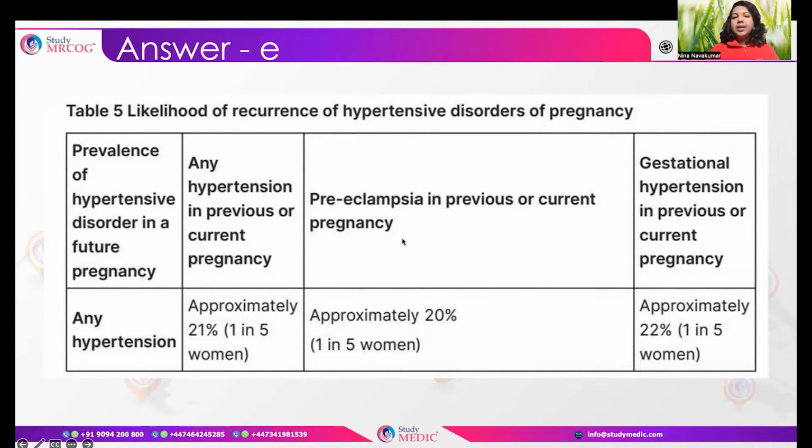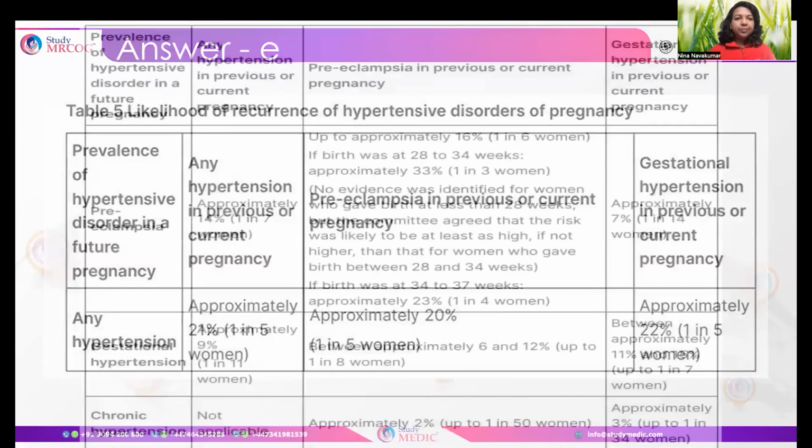If there is preeclampsia in the previous or current pregnancy, the risk of recurrence is about 20%, roughly 1 in 5 women. If it is gestational hypertension in a previous or current pregnancy, that is also roughly 1 in 5 women, so around 20%. This is easy to remember: for any hypertension, whether preeclampsia or gestational hypertension, the risk of recurrence is around 20%.